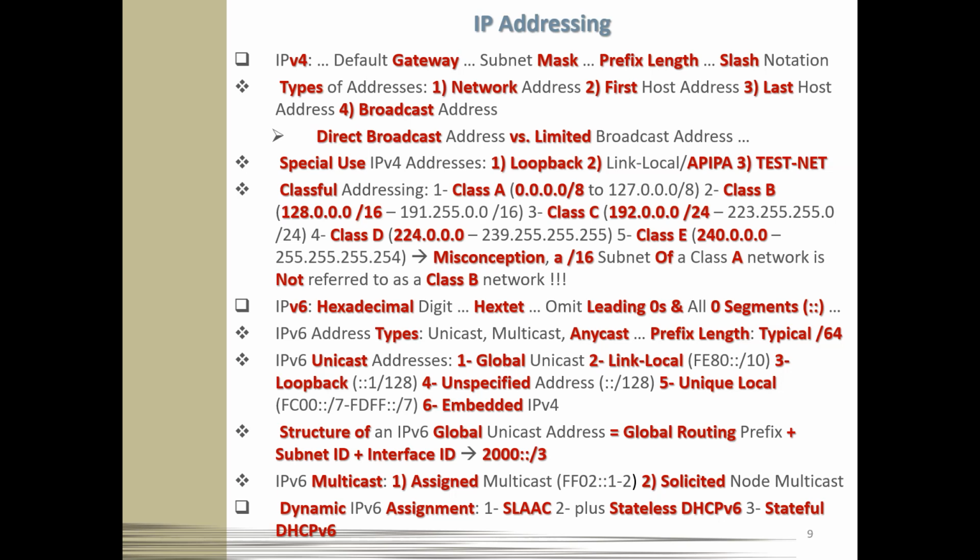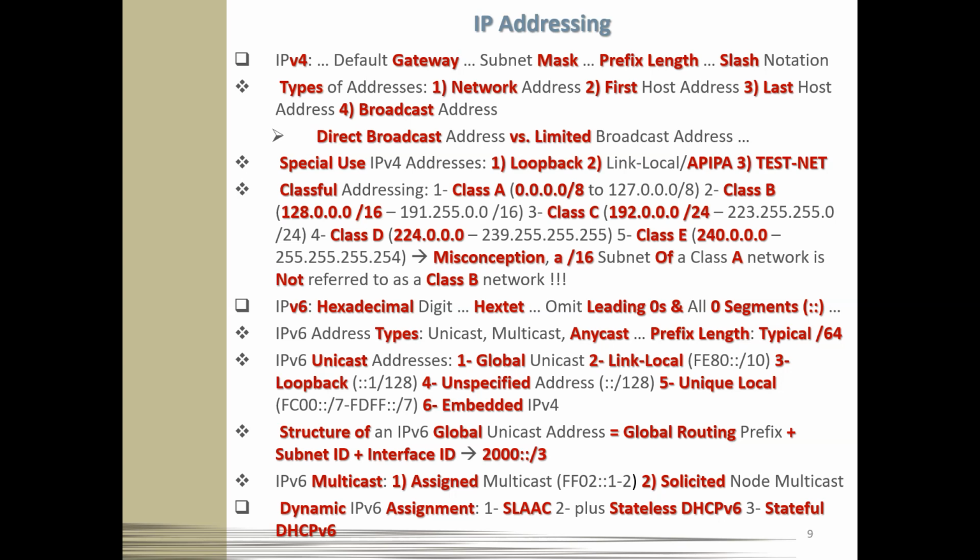Rule 2 is about a string of one or more 16-bit segments or hextets consisting of all zeros. It simply asks us to omit all 0 segments and replace them with a double colon. So a double colon can replace any single contiguous string of one or more hextets consisting of all zeros.